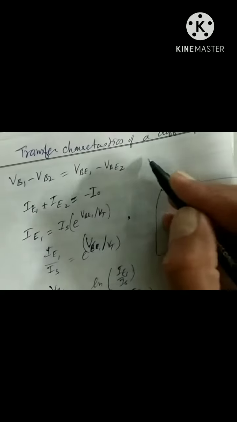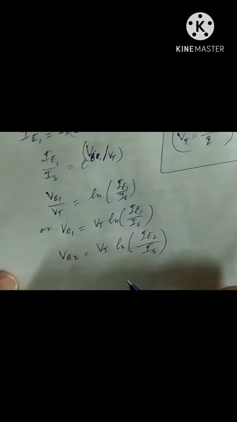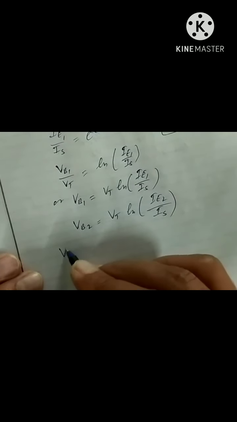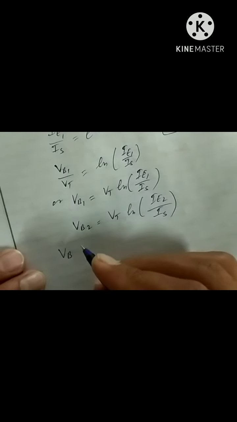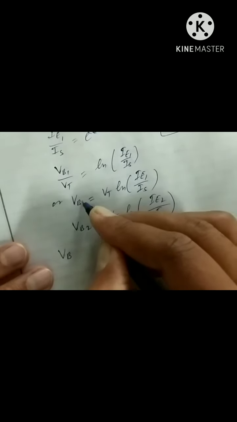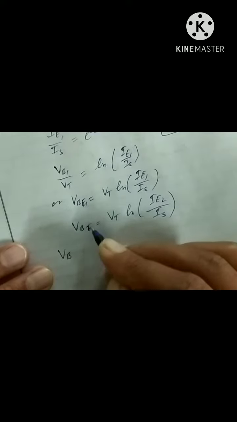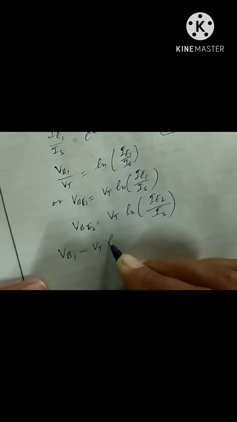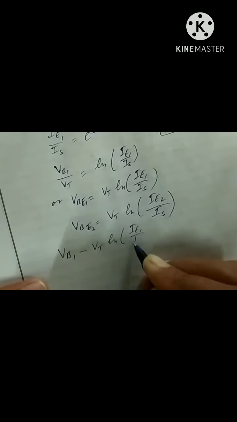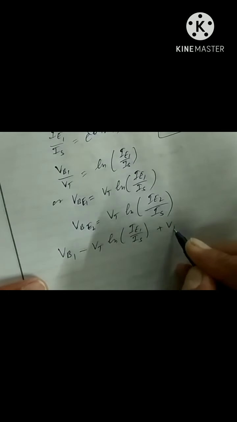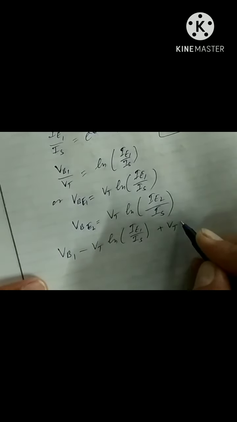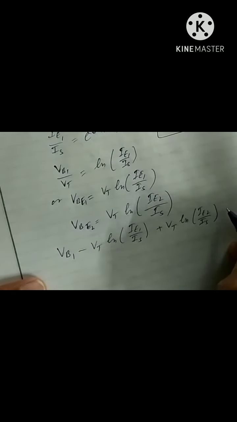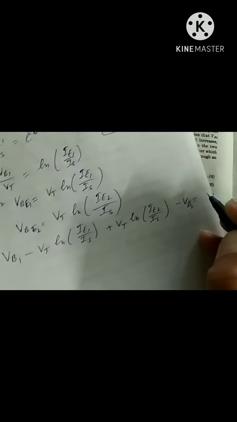Now consider this equation, say 1, and put these values of VB1 and VB2. We will get VBE1 and VBE2. So we put these values, minus VT ln IE1 by IS plus VT ln IE2 by IS minus VB2 is equal to 0.